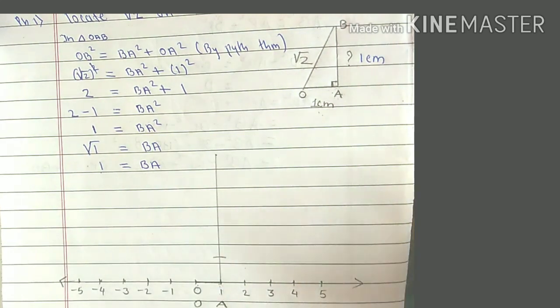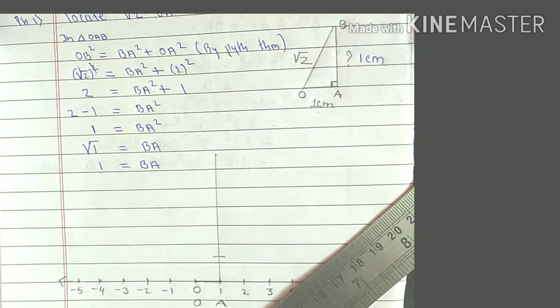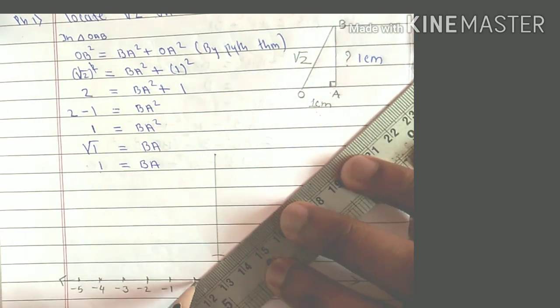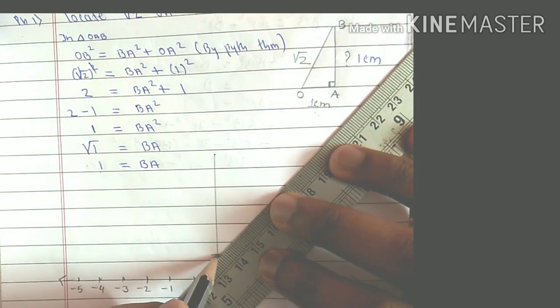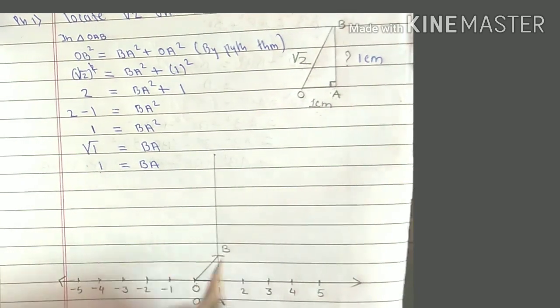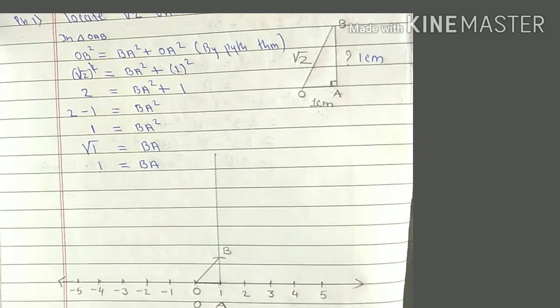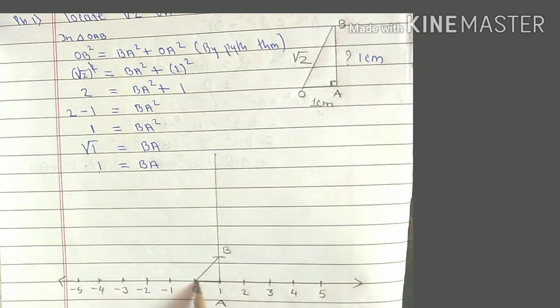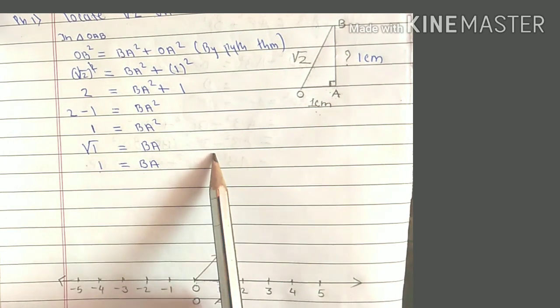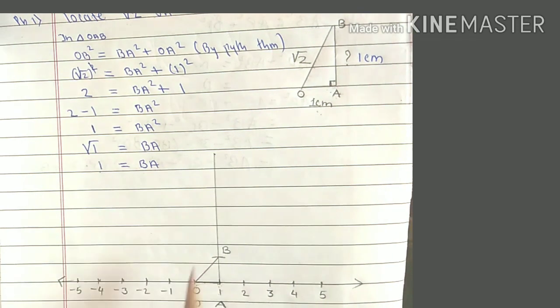Now draw a straight line from O to this point, that is your B. This is B. So I took first 1 centimeter, then I marked my 90 degrees with the help of a protractor.